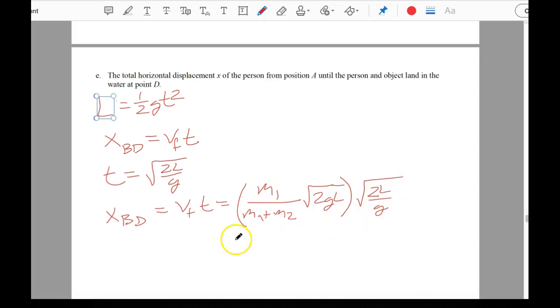Now that we've done that, we can go ahead and simplify. When you simplify, you should get 2 m1 times L all over m1 plus m2.